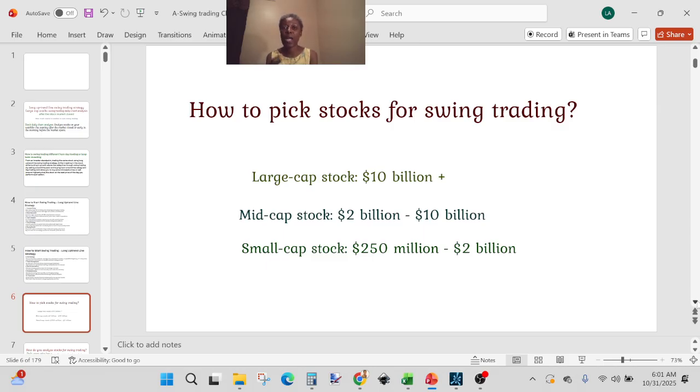So if you do not have a job right now, finding one so that you can provide for your needs, so that you don't put a lot of pressure on your swing trading, could be an approach. That way you can also find some capital to fund your swing trading account. But again, it's not the only way.